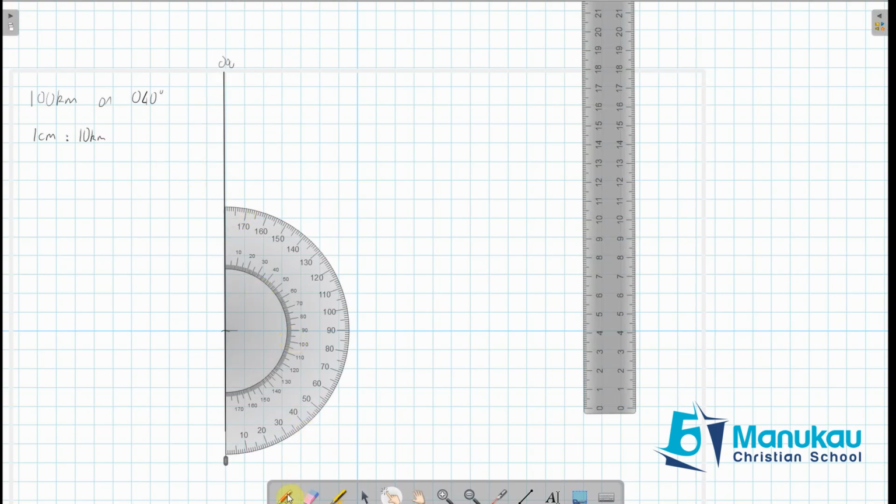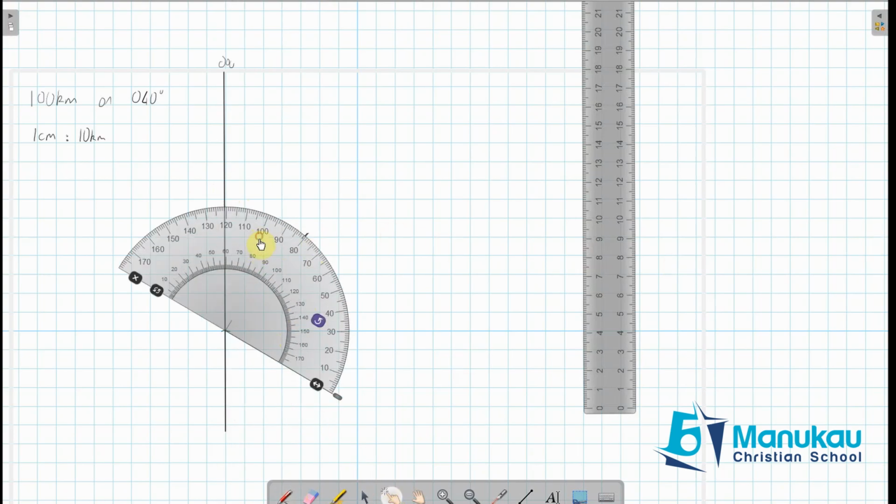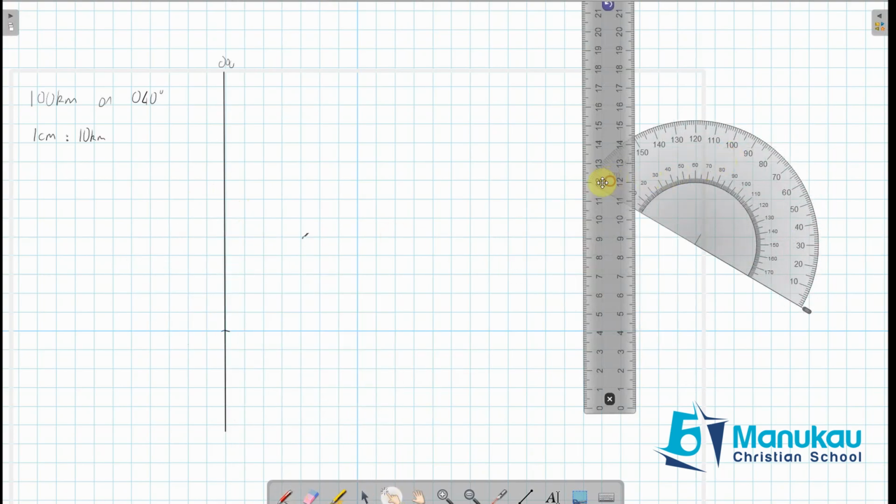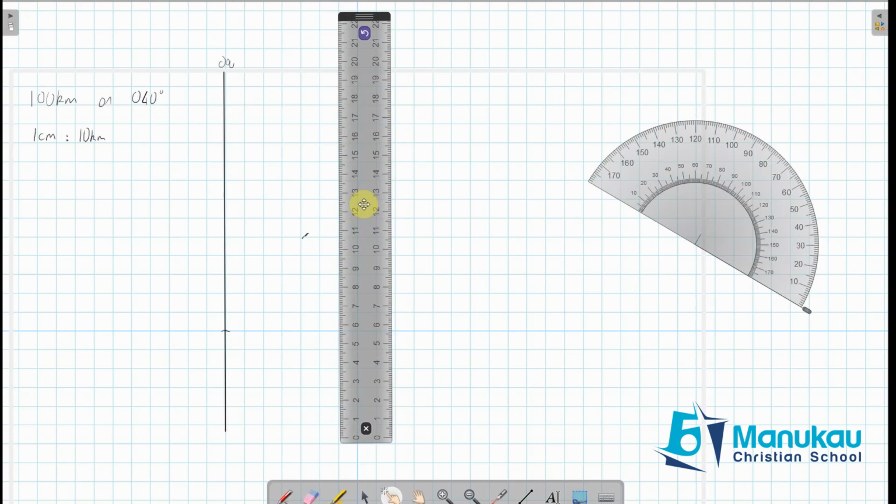I'm measuring the inner lines here, not these outer lines, because I'm starting at 0, 0, 0, so 10, 20, 30, 40, so it's here. You can see that 40 there, okay. All right. Pull that away. There we go. Get rid of that. Now, so that's the bearing.